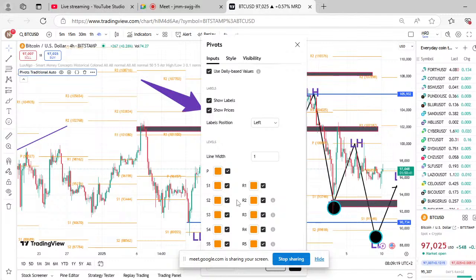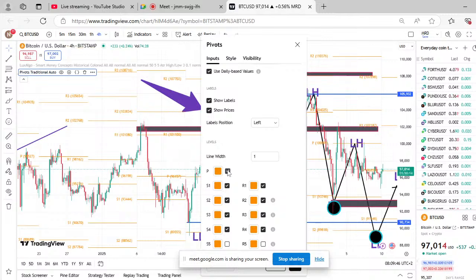Support 1, support 2, support 3, support 5. So if you don't want too many supports, you can untick some, and you leave support 1 up to support 3. But you can reduce, or you can increase. Okay, so now I'm stopping at support 4.